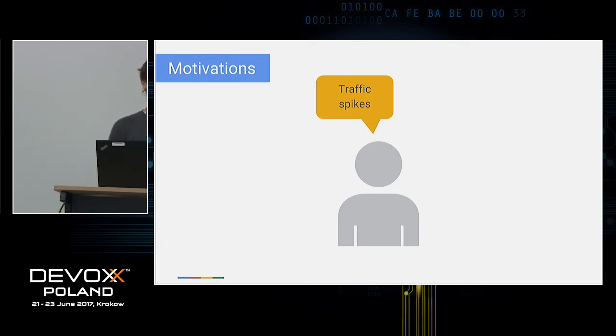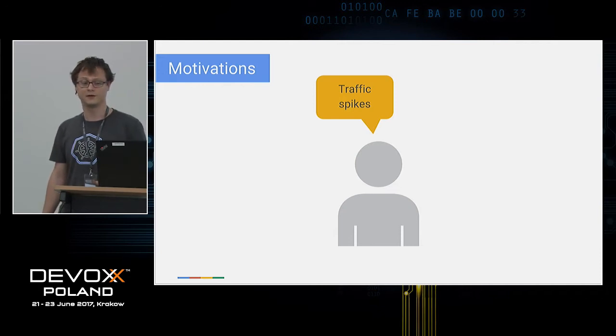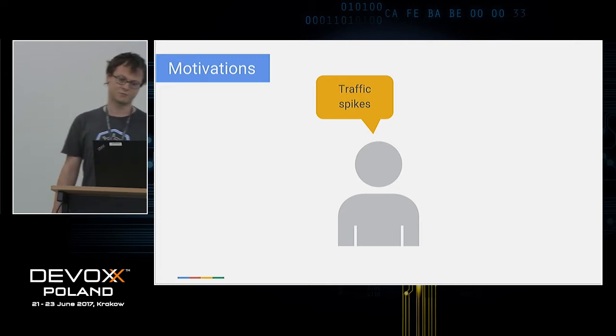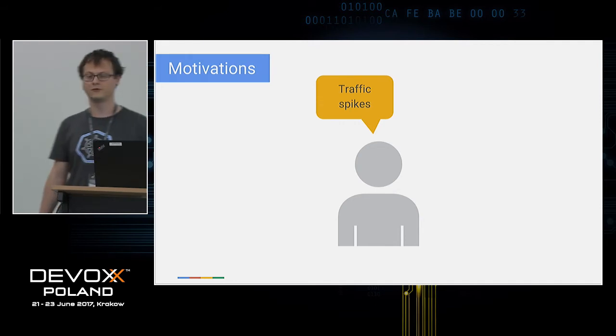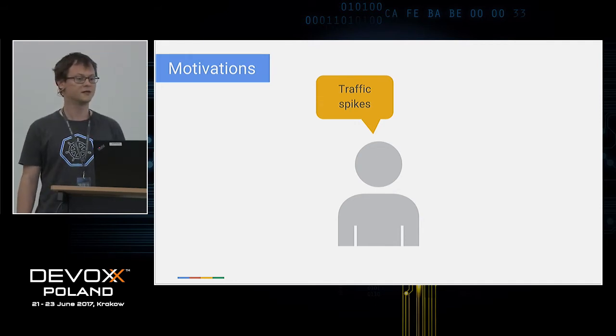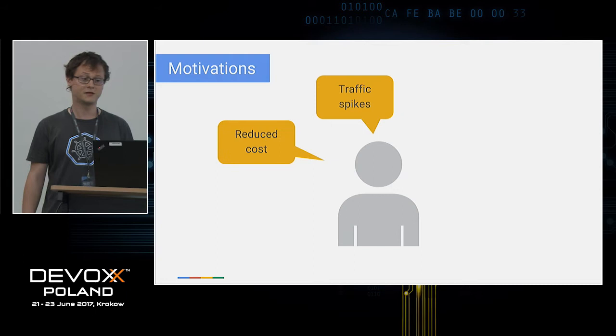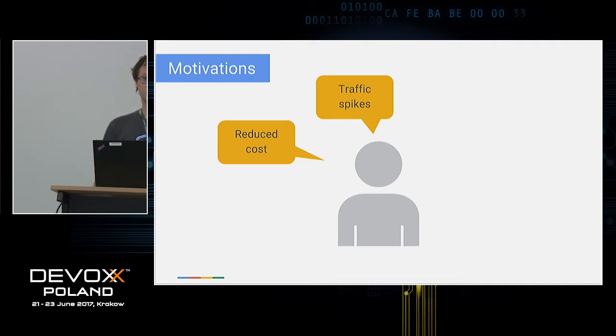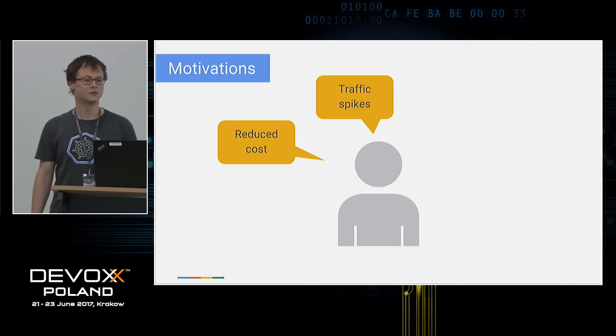Another way I often dealt with this problem in my past projects was just giving my system so many resources that it will just never run out, just to be safe. You know, that's a very natural tendency for developers. But it's not really cost effective. So autoscaling can just help us save money in such cases.